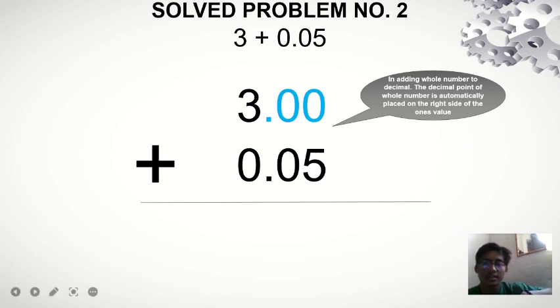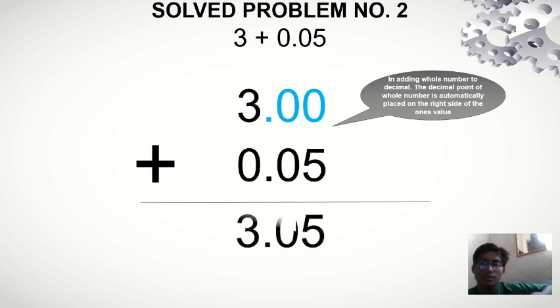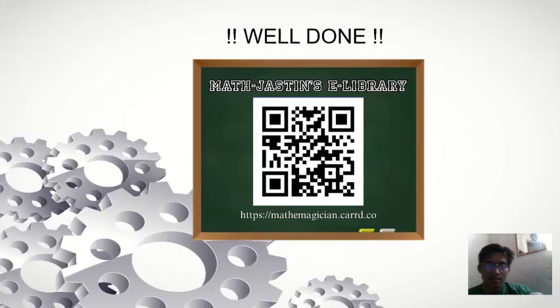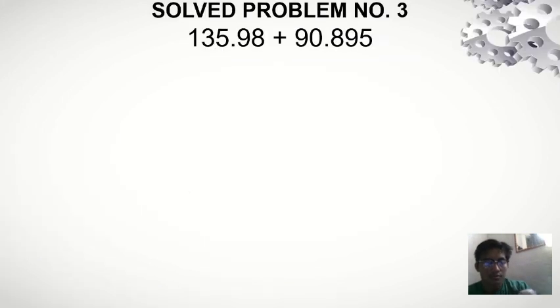Ngayon, dito at this case, kahit i-bring down nyo lang yung 0.5. Then, ito, binaba nyo to. So, 3 plus 0, automatically 3. So, we have 3 and 5 hundredths. Sorry.